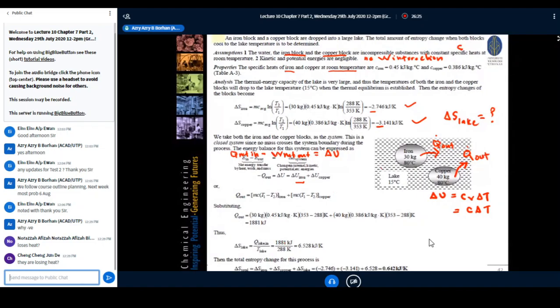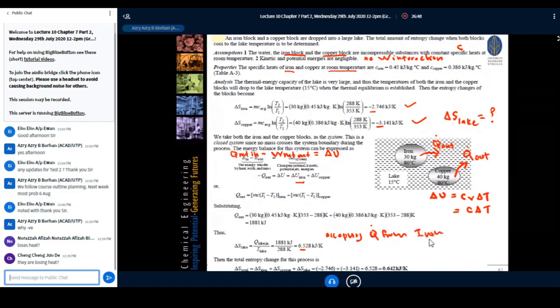That means heat received from iron and copper enters the lake. It must be this amount divided by the temperature of the lake. So from there, as you can see, it gives you positive, that means the lake is accepting heat from iron and copper, right?